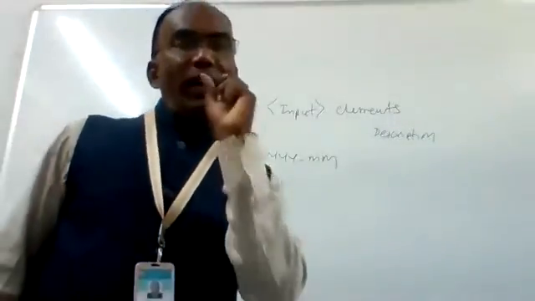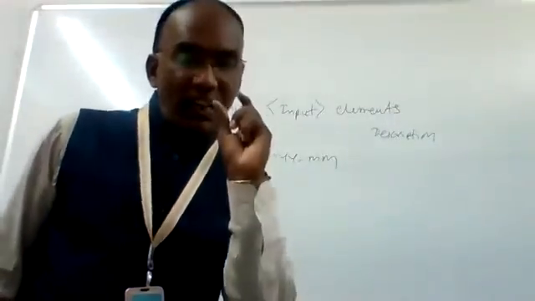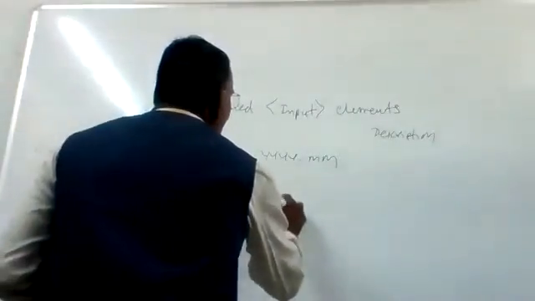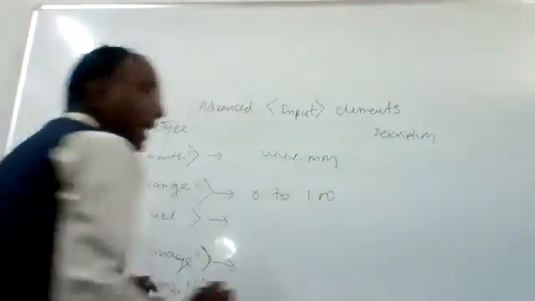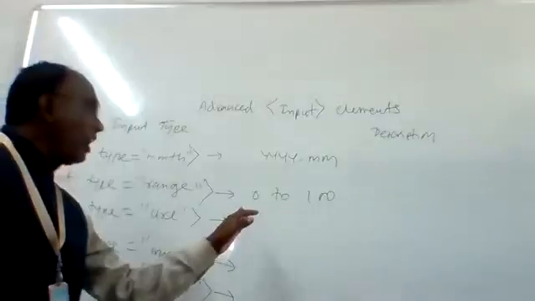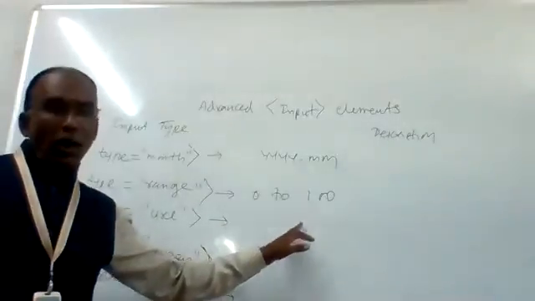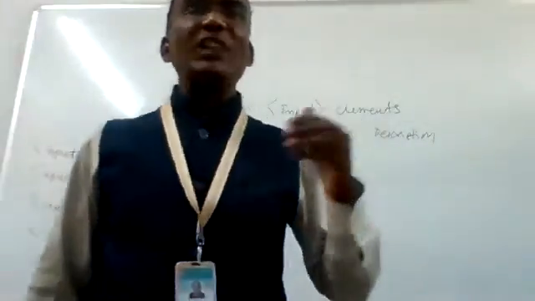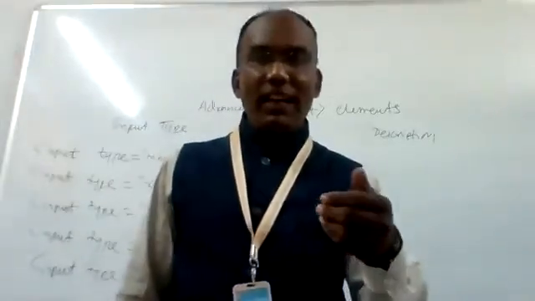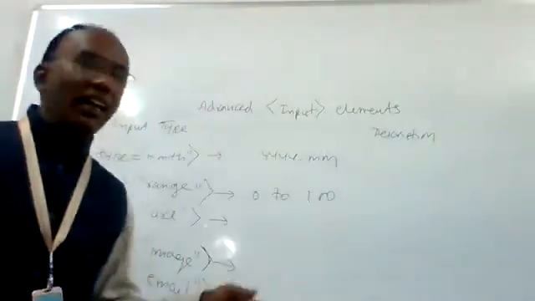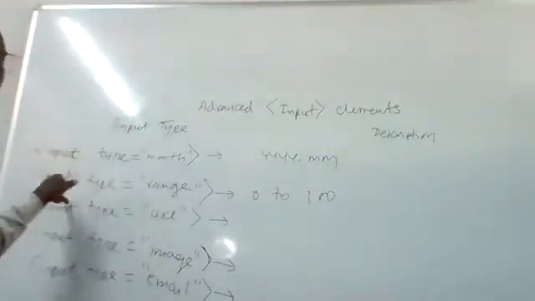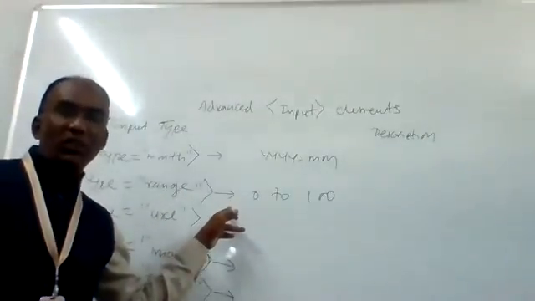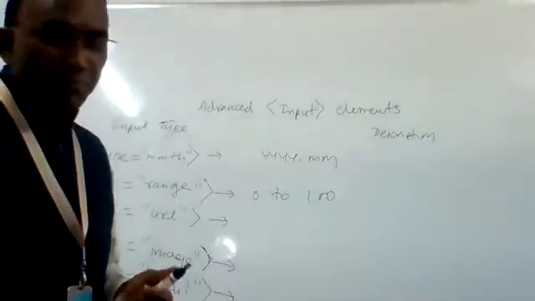A user can specify a range, and the default range is from 0 to 100. Or if you want, we can define a range with the help of this input type. Okay.